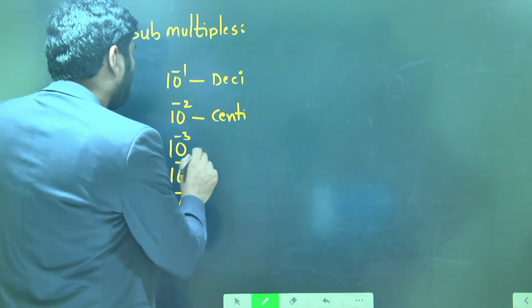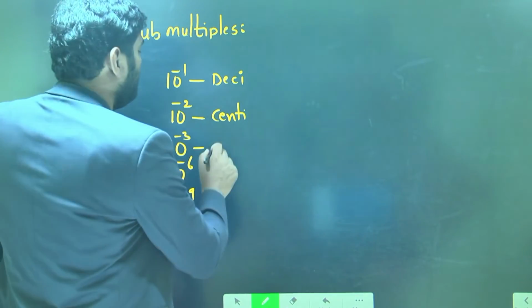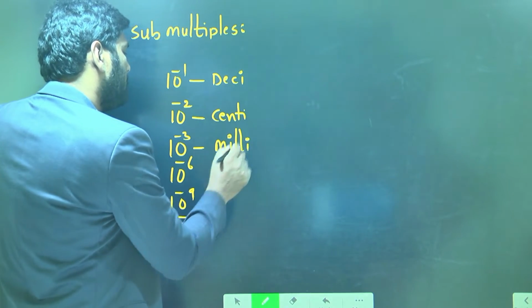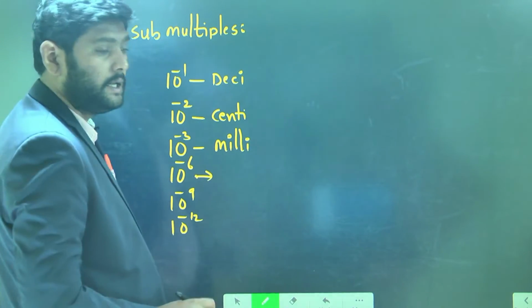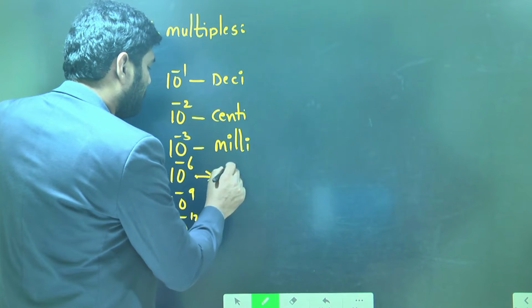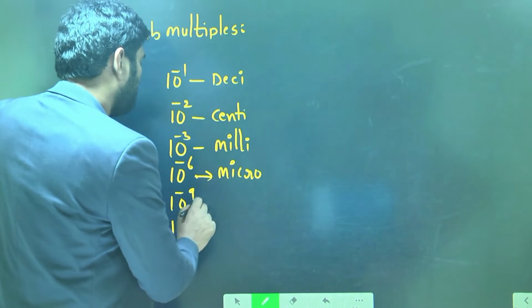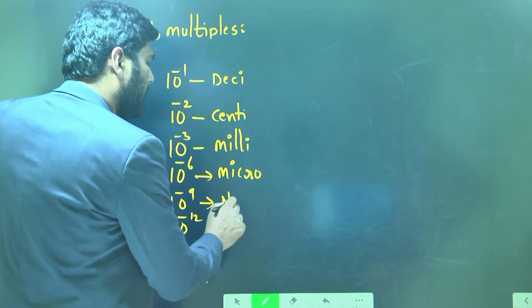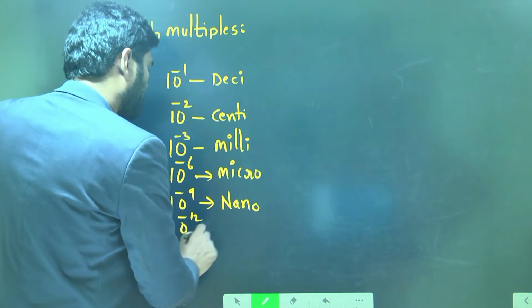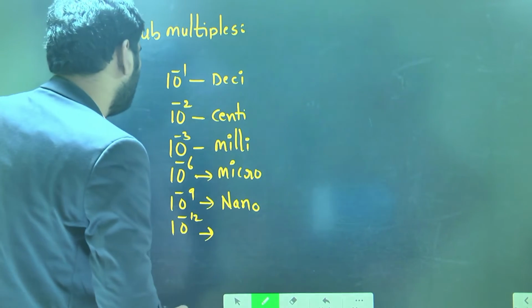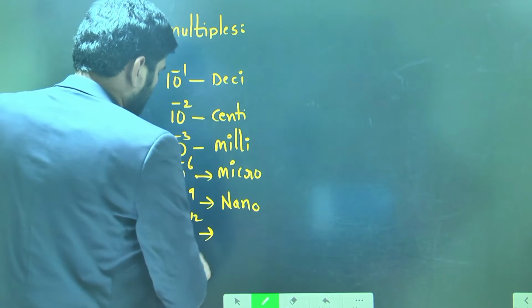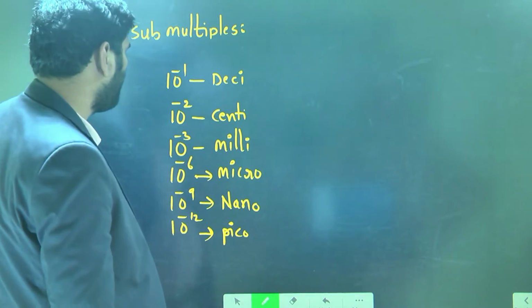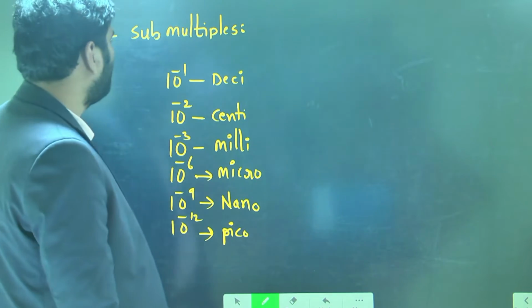Next, 10 power minus 3 is called milli, 10 power minus 6 is called micro, 10 power minus 9 is called nano, and 10 power minus 12 is called pico. This is the way we will use the submultiples.